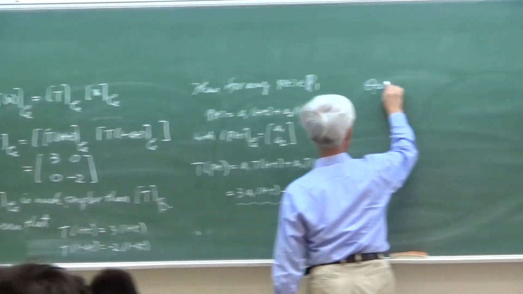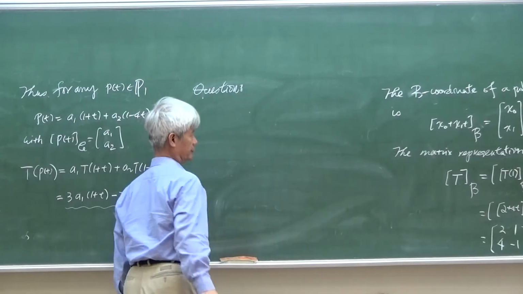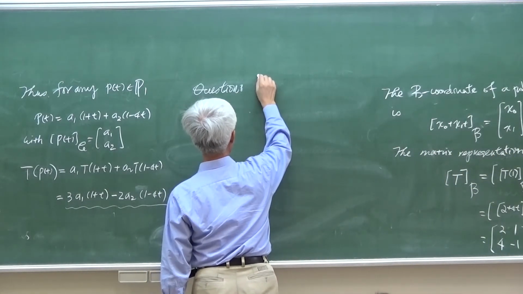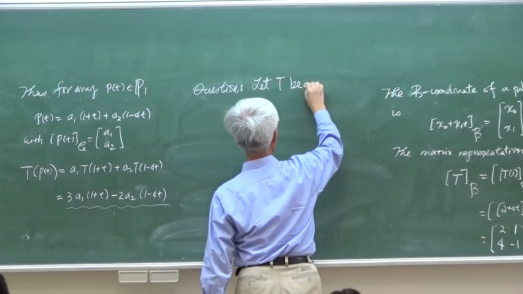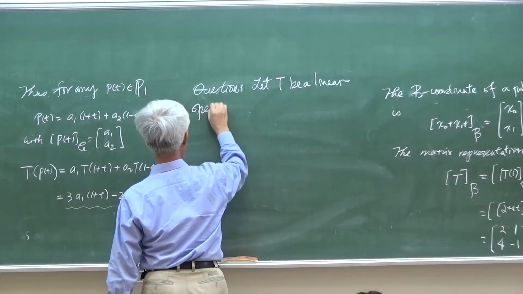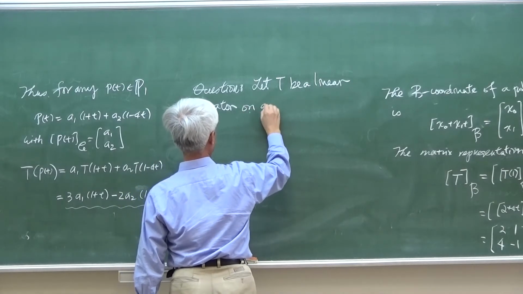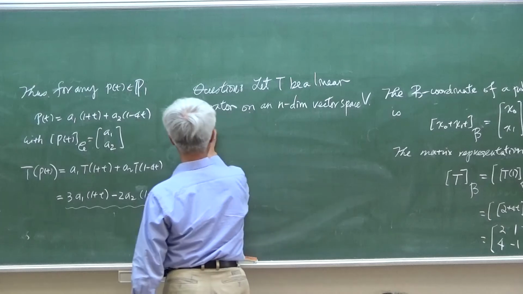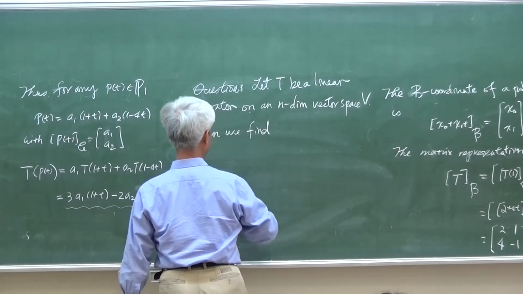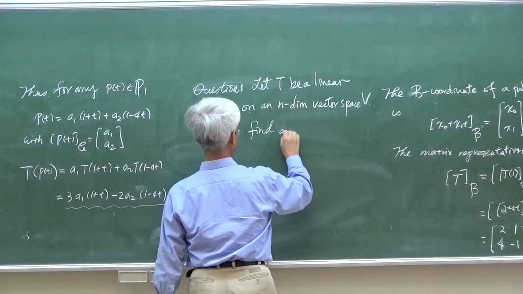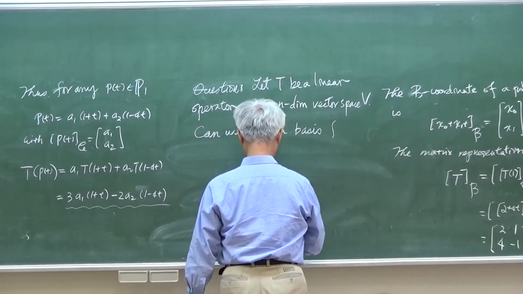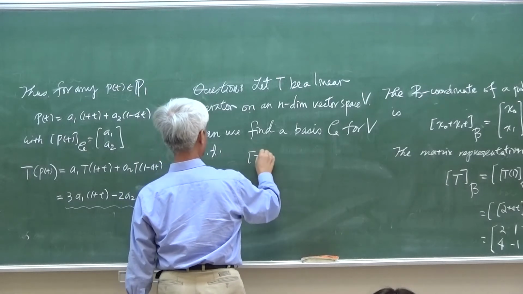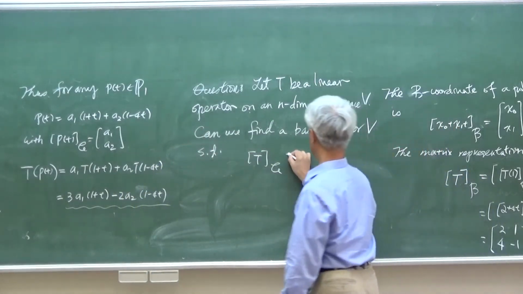A question. The question is here. Let T be a linear operator on an n-dimensional space V. Can we find a basis C for V such that the matrix representation relative to this basis is diagonal?